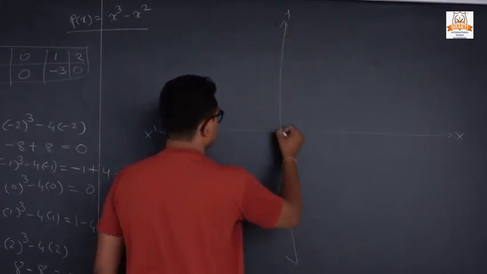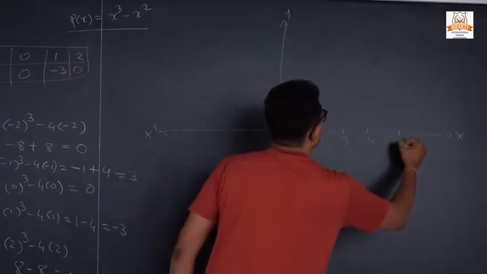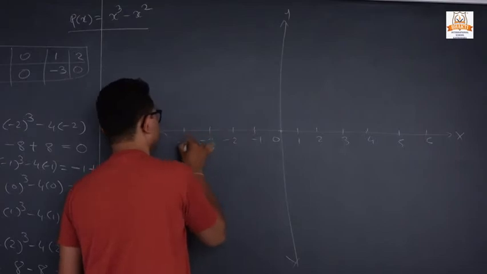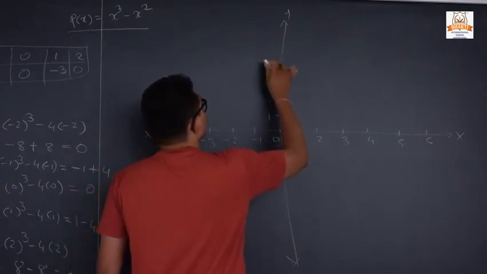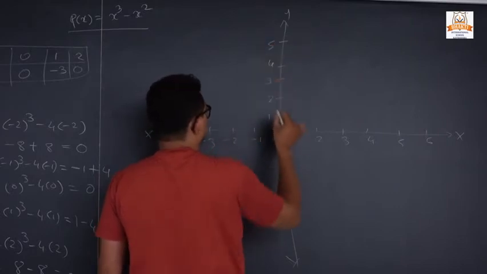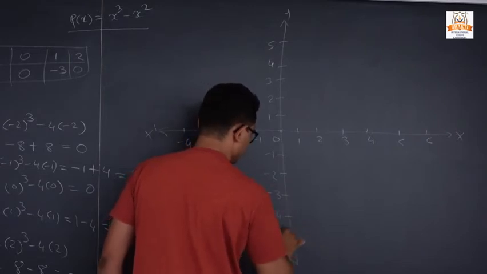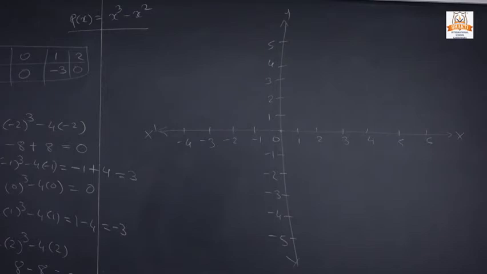Here we have 0, then 1, 2, 3, 4, 5 and 6, and once again minus 2, minus 3, minus 4, minus 5. Clear?